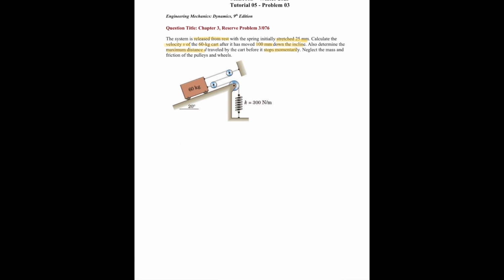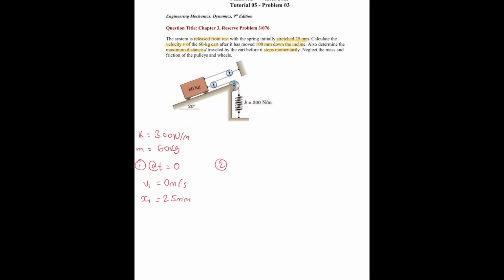Alright, so for this question, we know that the spring constant is 300 newtons per meter. We know that the mass is 60 kilograms. And first of all, at t is equal to 0, we know that v1 is 0 meters per second, and we also know that x1 is equal to 25 millimeters.